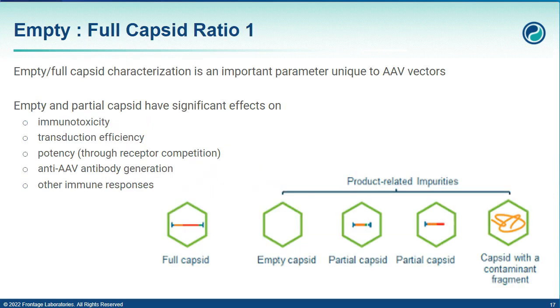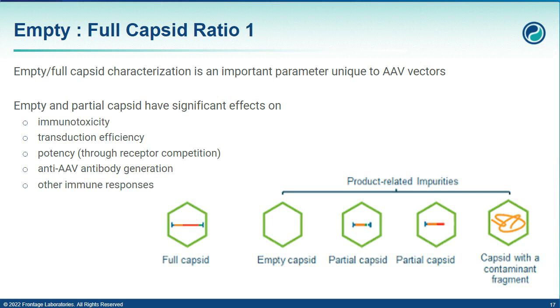Next, we are going to talk about the empty-full capsid ratio test. During production, sometimes besides the full capsid, empty capsids, partial capsids with different structures, and capsids with contaminant fragments can be generated.